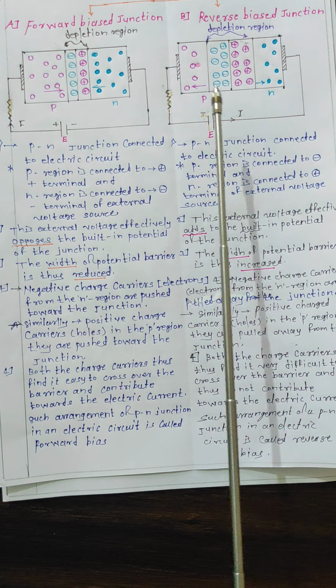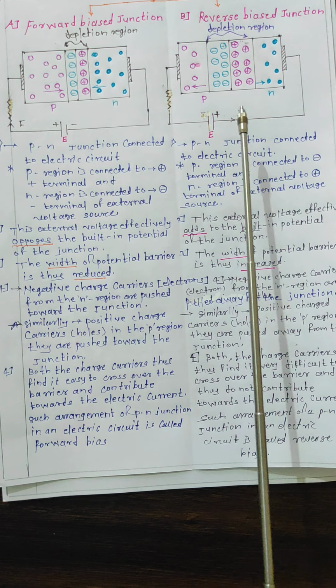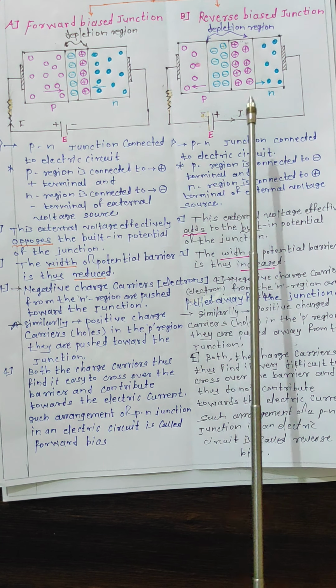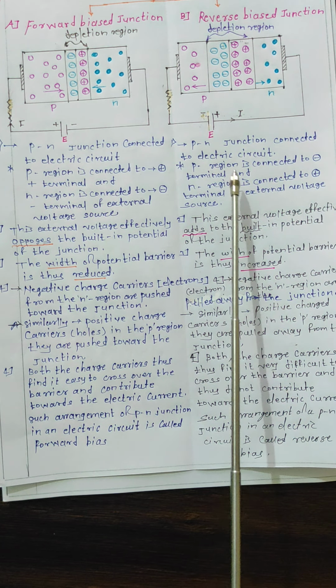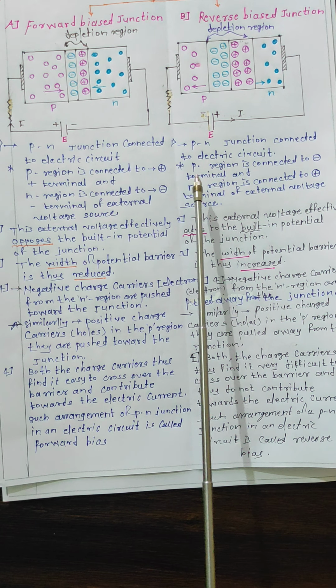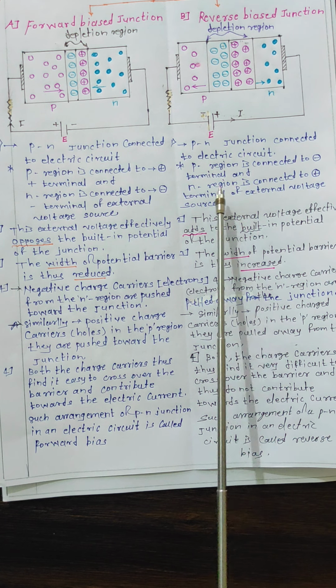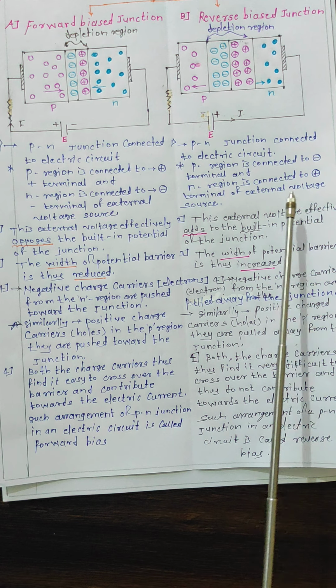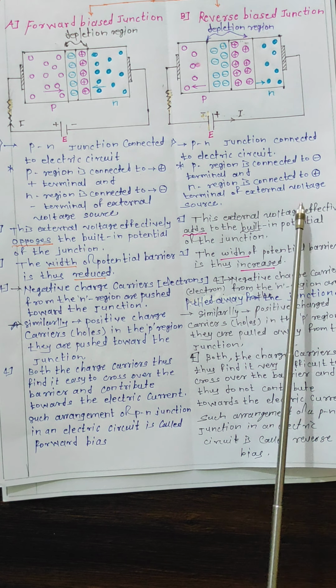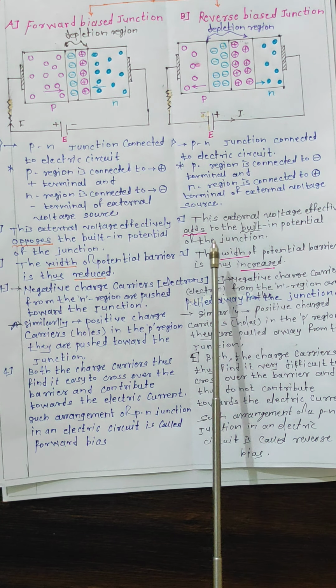So in this reverse bias junction, the PN junction is connected to an electric circuit, where the P region is connected to the negative terminal and the N region is connected to the positive terminal of an external voltage.